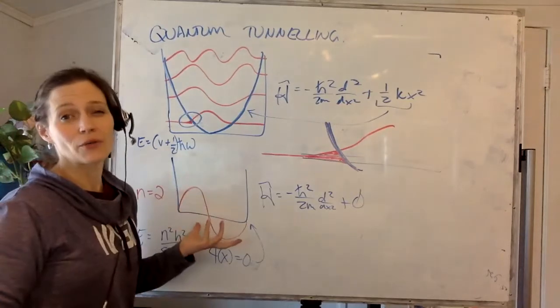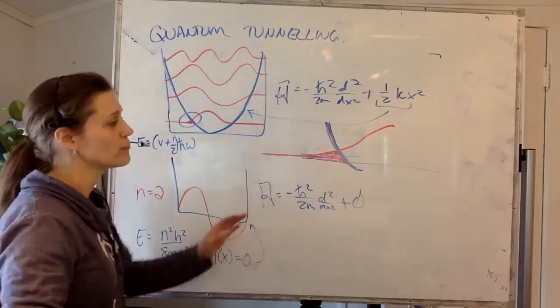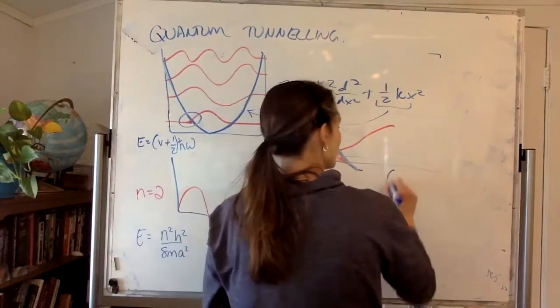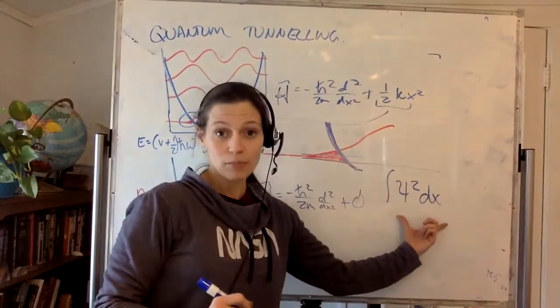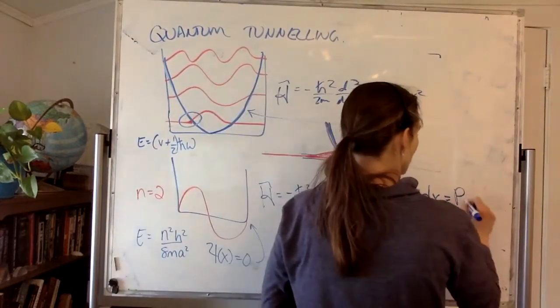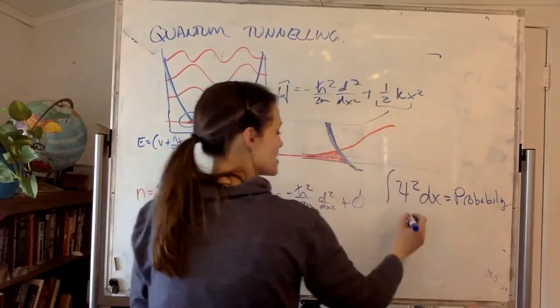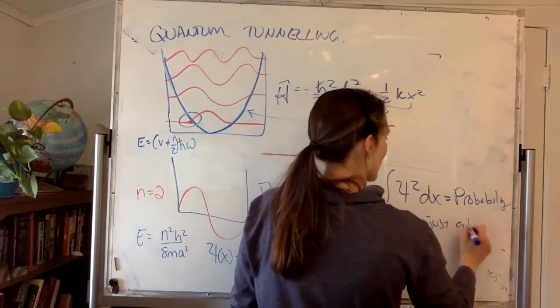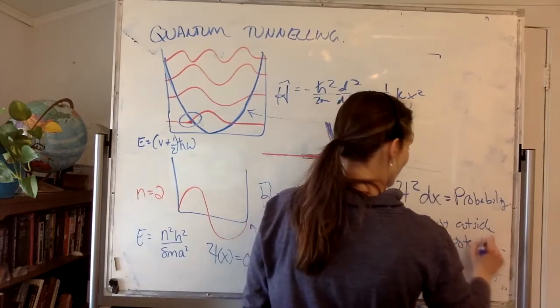That's why we start with the particle in a box, because it's much simpler: the wave function has to be 0 at the boundary. The fact that this is non-zero at the boundary means the integral of psi squared dx, which is our probability, is non-zero just outside of the potential barrier.